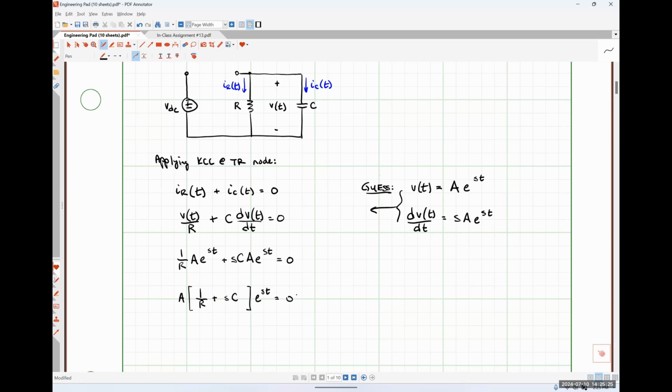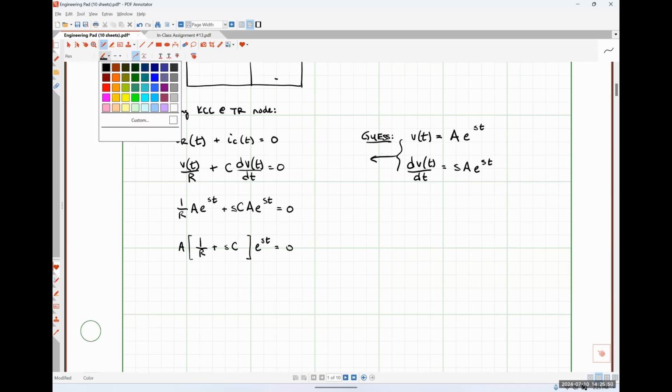So while it is a solution, it's not really the one that we are looking for. E to the st will approach 0 if s is a negative quantity, but it'll never quite get there. So that's really not the thing that we're looking for either.